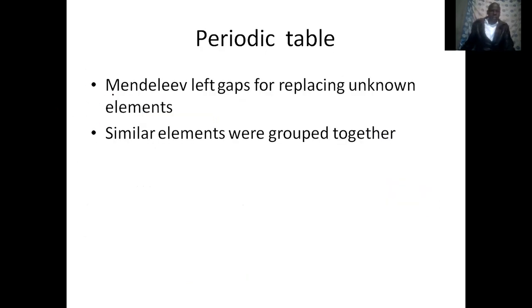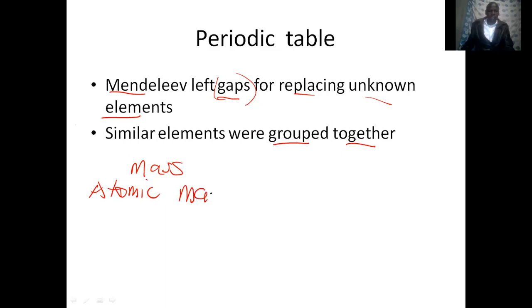According to Mendeleev, the periodic table had gaps, and these gaps were meant to be replaced by the unknown elements that would be discovered later. Similar elements were grouped according to the atomic mass.